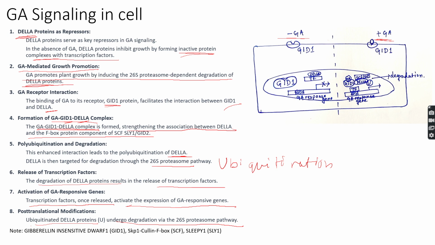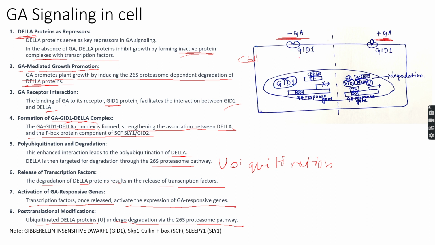So these are the full forms of the short names represented here. Now coming to the diagram, we saw this part is dealing with the absence of GA, and this part is indicating the presence of GA.